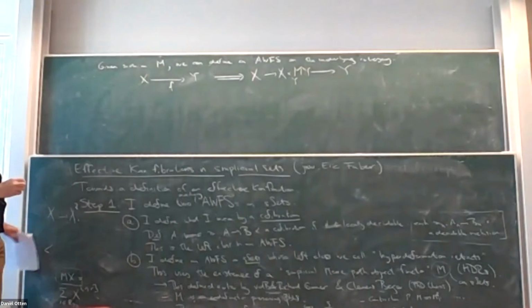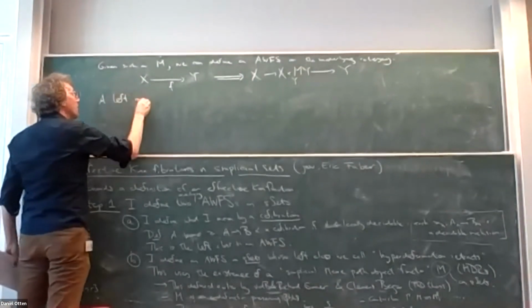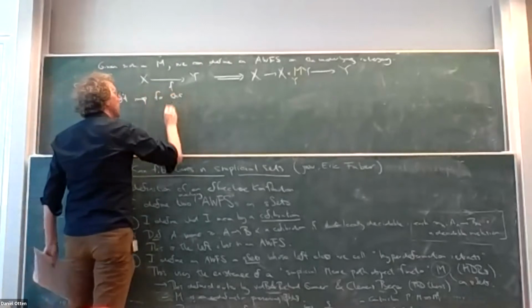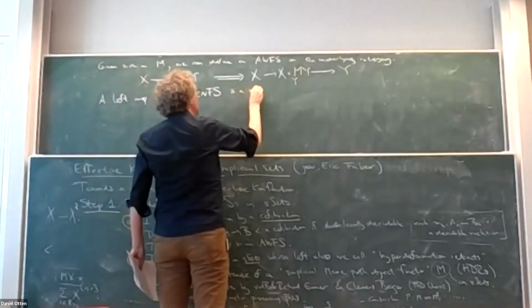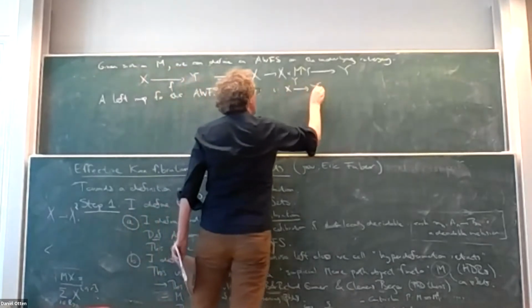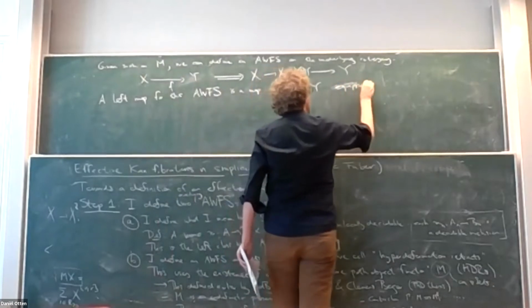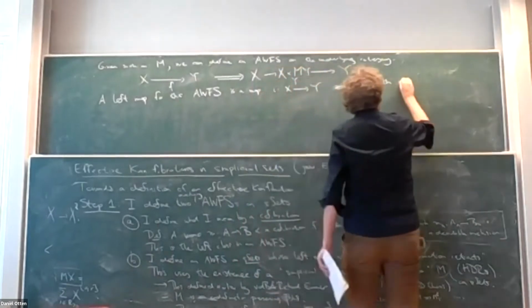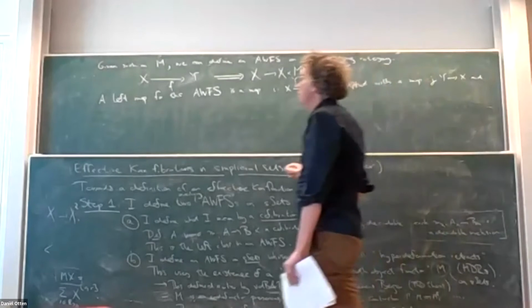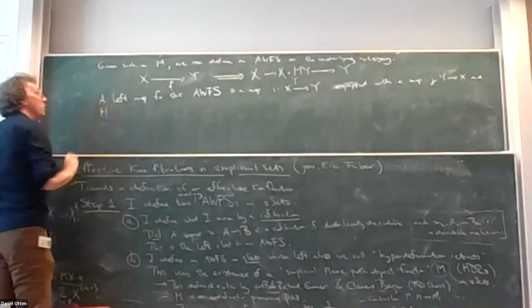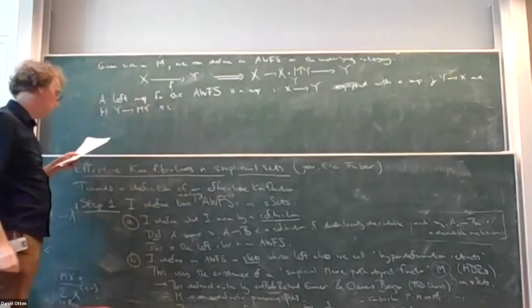So in general, you can say a left map for this algebraic factorization system is a map I from X to Y, equipped with a map from I to X, and like more homotopy in the right part from Y to M of Y, such that some equations hold.